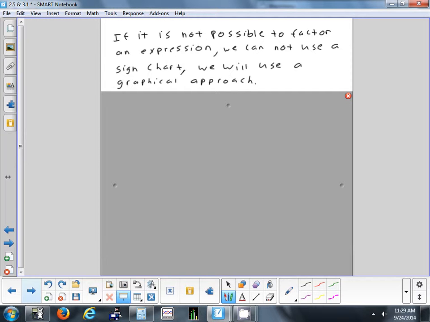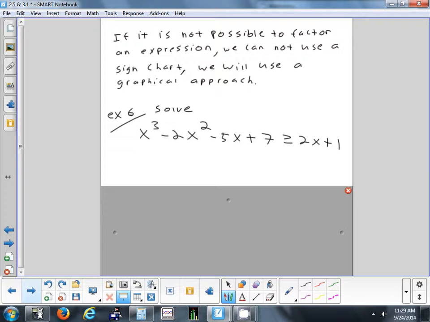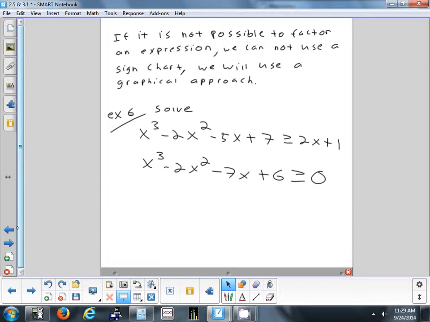Okay, if you can't factor it, use the graphing calculator. So what we'll do, we'll solve this one, but I want to get everything on the left. That way I only need to graph one thing instead of y1 and y2. So it's going to be minus 7x plus 6. I'll graph that and then see where it is greater than or equal to 0.